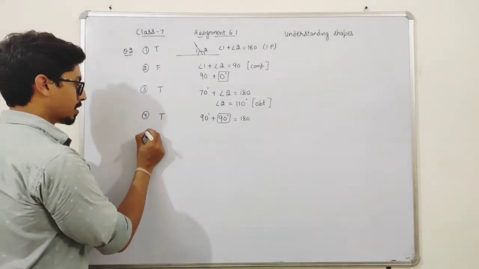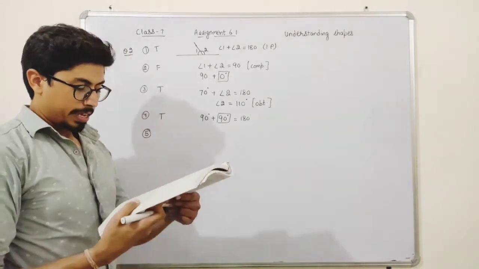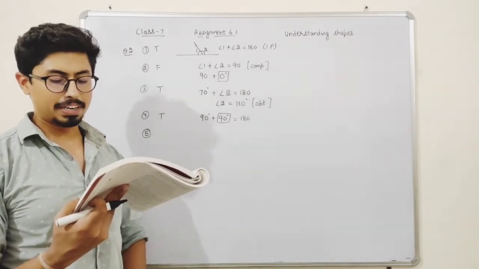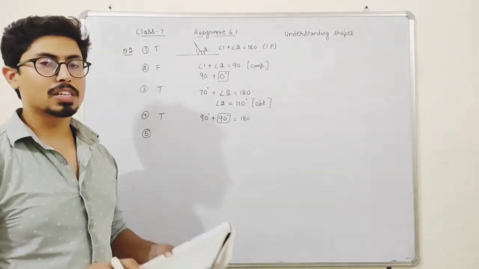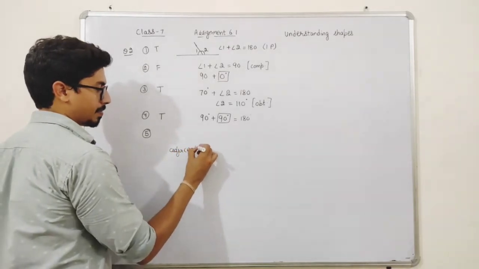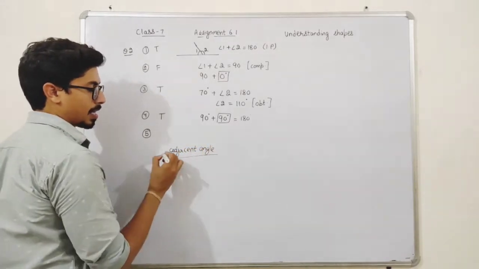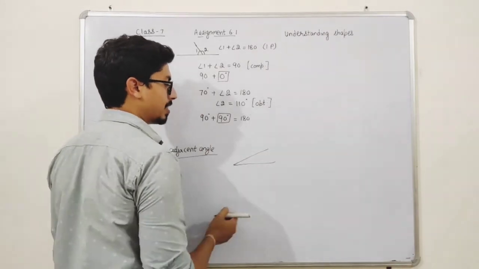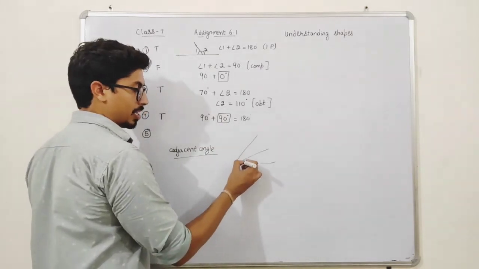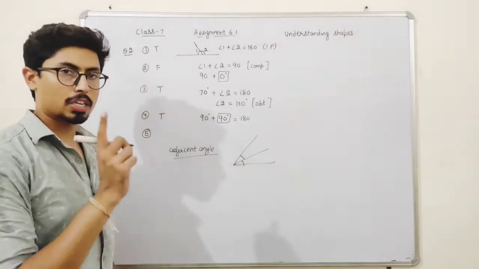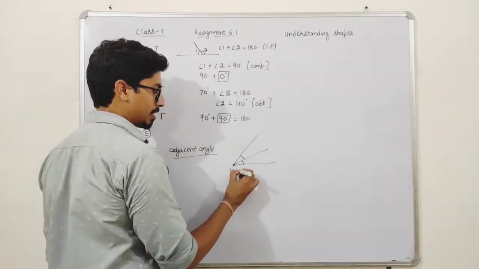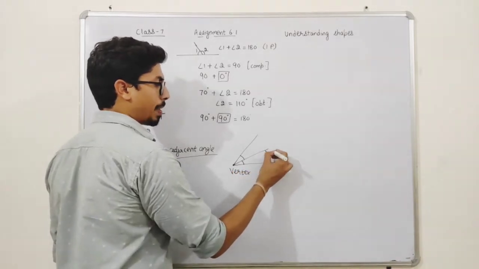So the fifth part, students, if I discuss: the sum of two adjacent angles is supplementary. What are adjacent angles, students? See, if I take any angle, say this, and if I take another, these two angles are adjacent angles because they have the same vertex and a common arm.